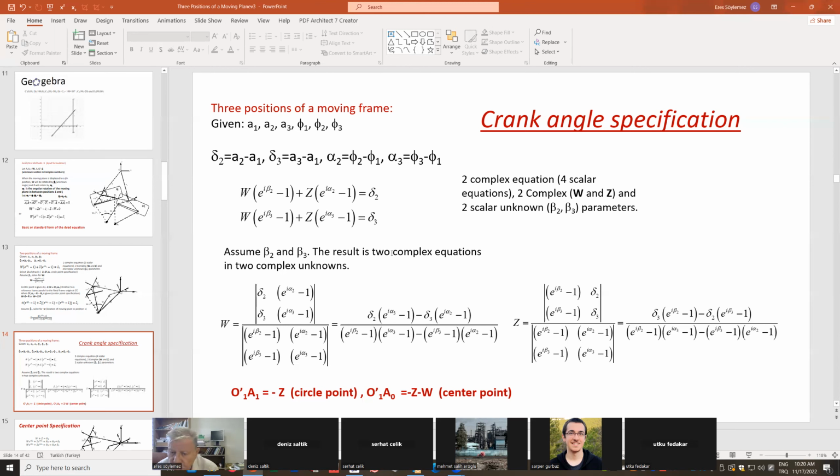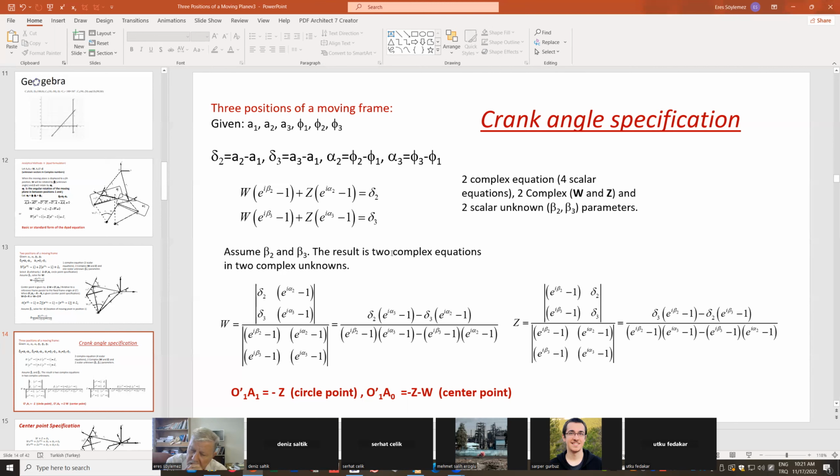Now, the first simple thing to do is, if you look at these 2 equations, can everybody see that I have 2 free parameters that I can select? In the geometrical method, as you know, we have to either select the circle point or the center point.